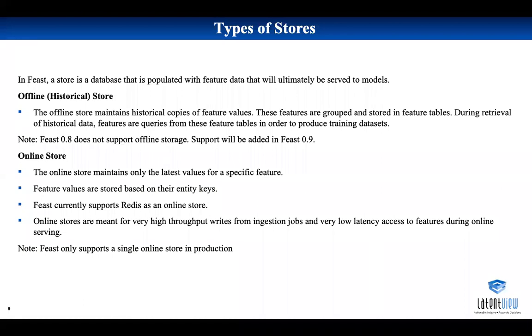So this is the type of stores which Feast offers. There's an offline store, or historical store, and there's an online store, simple as that. The offline store is basically to maintain the historical copy. It's like versioning in S3, so we can have different versions of the same data.